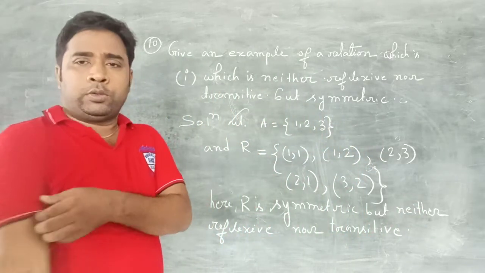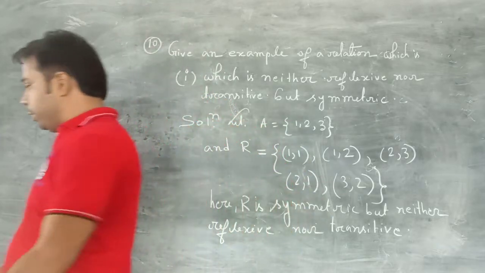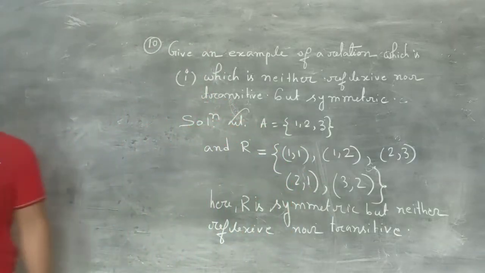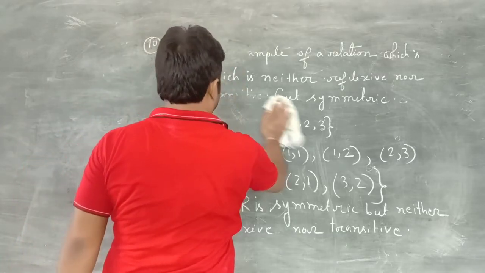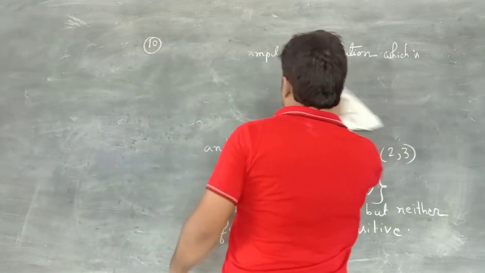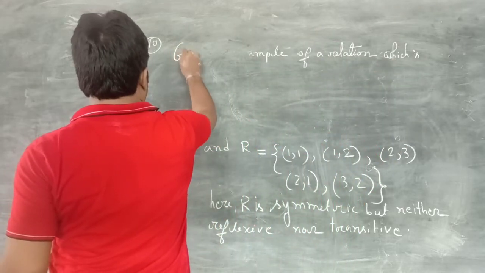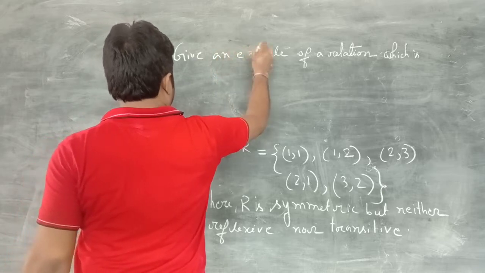Okay, so the first question is finished. In this way you can create an example. I am taking some more examples so that you are more comfortable. It is the same: give an example.